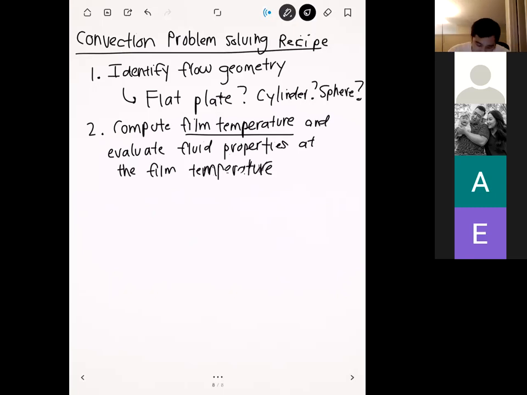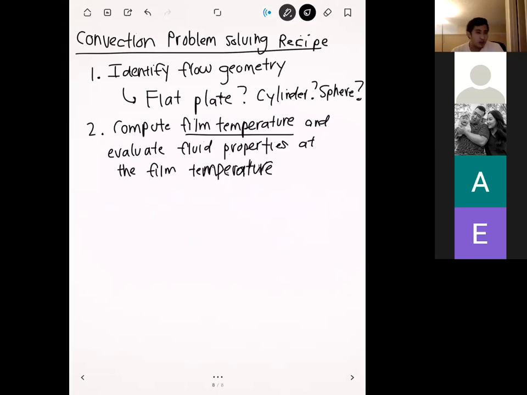And so remember, the reason we have this film temperature is because a lot of the fluid properties that we're looking at, things like viscosity, the Prandtl number, the thermal conductivity, depend pretty heavily on temperature. When we're reading these things off a table or getting them from online, we need to make sure that we get the temperature correct. And so the way that we do that is we take the reference temperature, which is the average between the free stream temperature and our surface temperature.